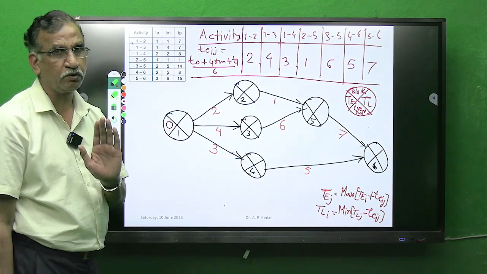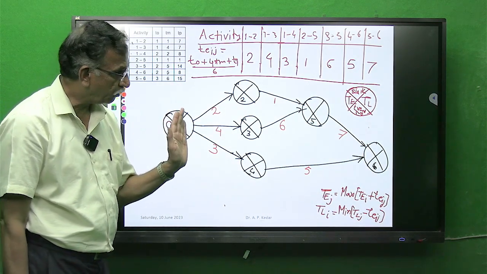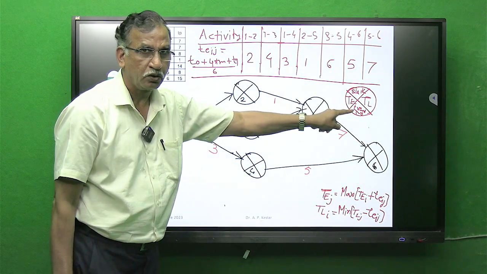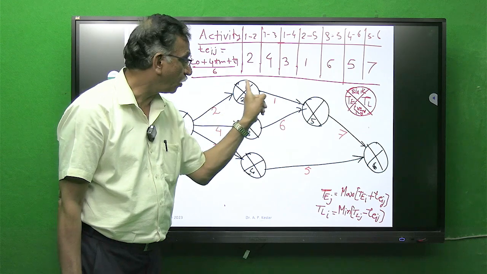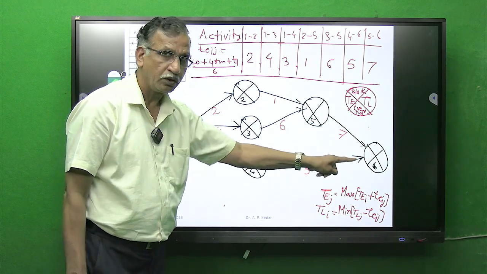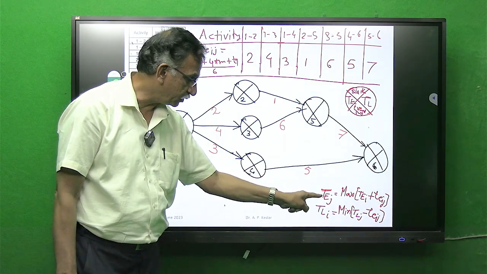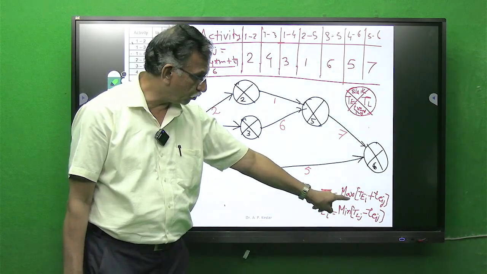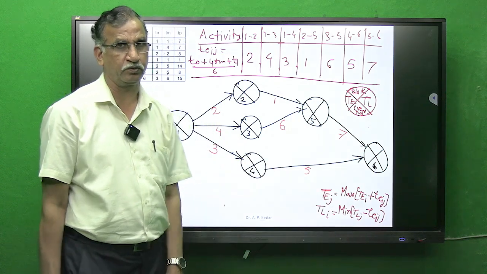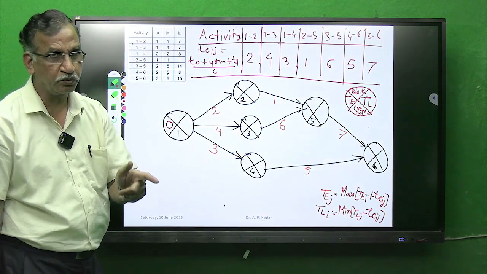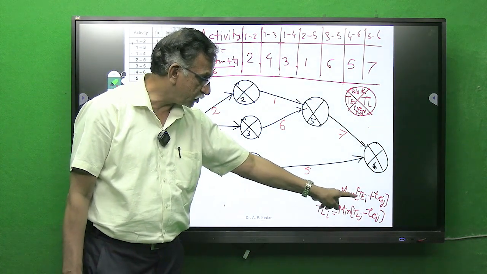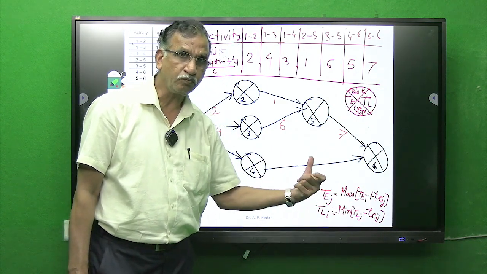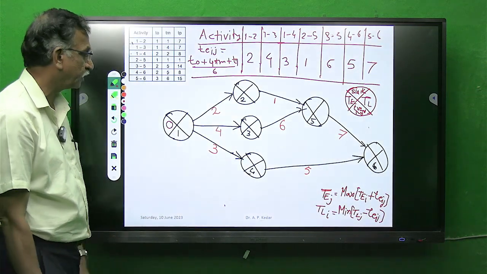First we will find the values of this particular location, TE for all events, in the forward pass by this formula, and wherever we get more than one value we will select the maximum. Let's see how it goes. This is TE of the previous event plus the activity time of the current activity under consideration.